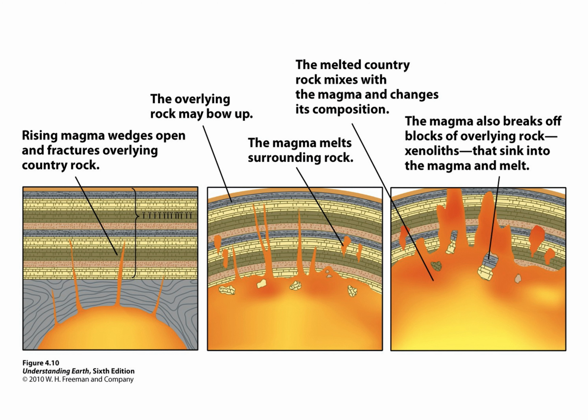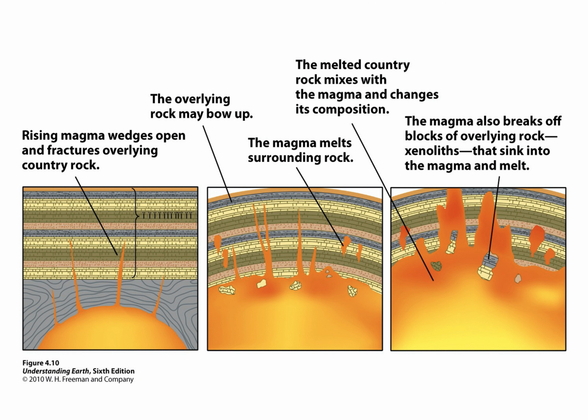Here we have another nice picture. The rising magma wedges open and fractures the overlying country rocks. These overlying rock units may become bowed up, as you can see in this picture.